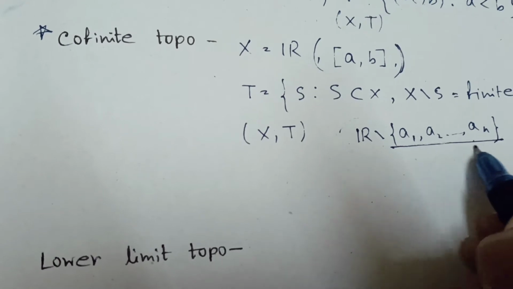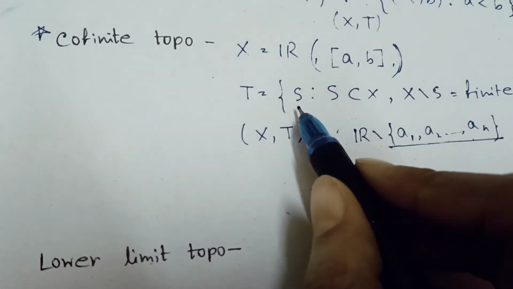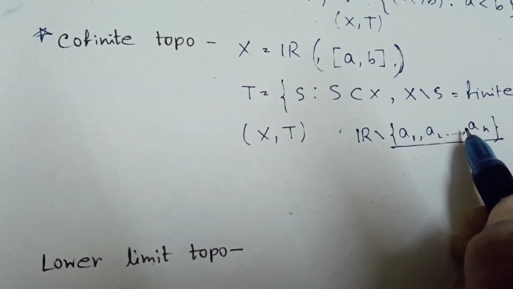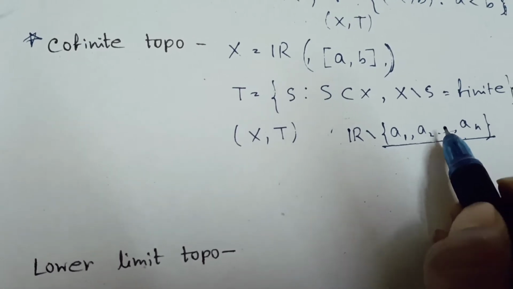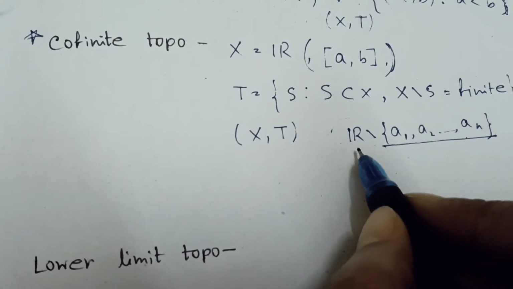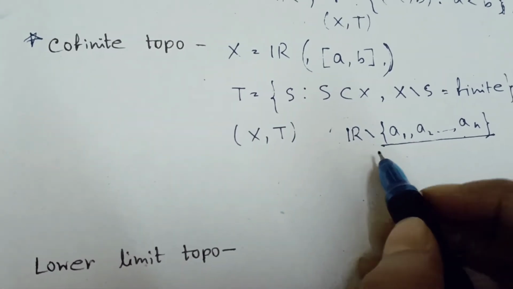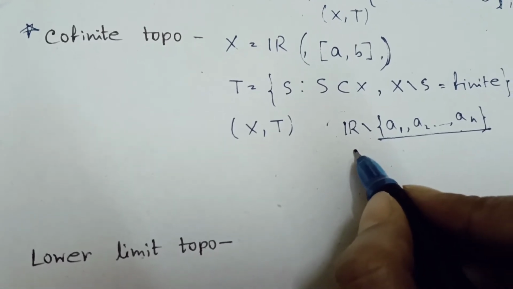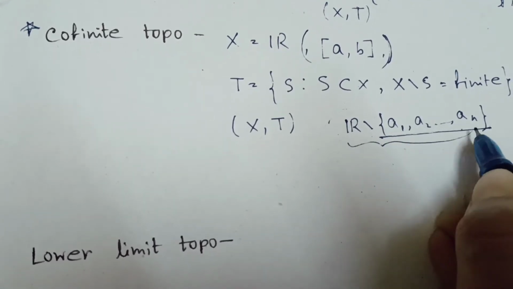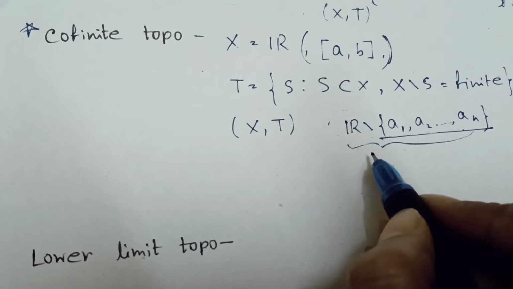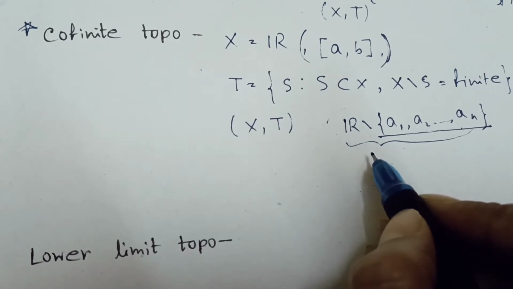So this whole set must belong to T, so this set is an open set. This is a very important thing for the cofinite topology, which says this is an open set in (X, T). You have to remember that.